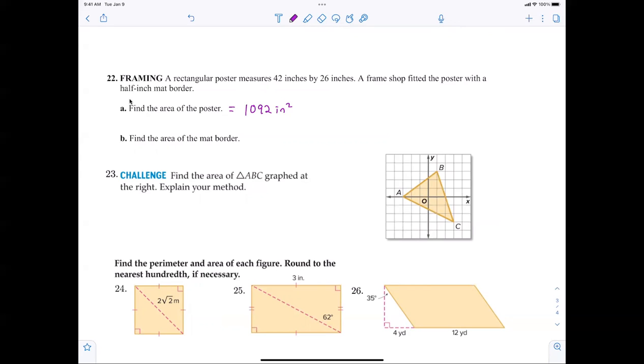If it's a 1/2 inch matte border, wouldn't you multiply the two numbers by 2? Well, I'm asking you what the answer is. I want you to try to tell me what the answer is. Then you can tell me your method, and then we can see if your method is accurate. 4,360 inches squared. The border. About 1,000. The border is more than the area of the poster.